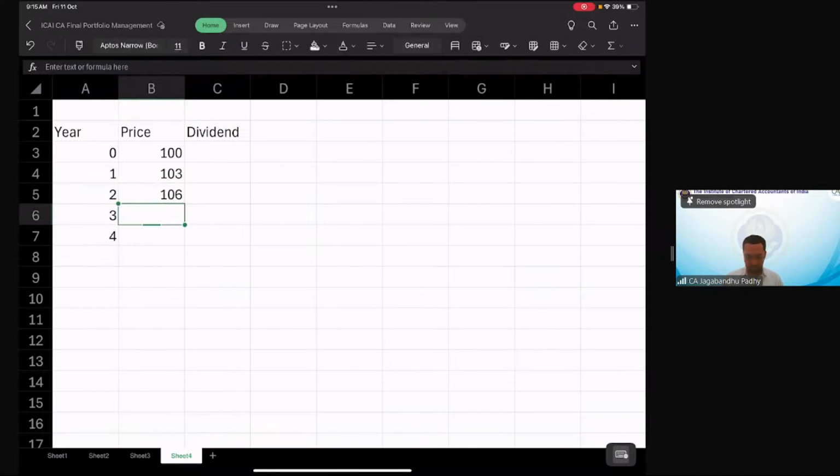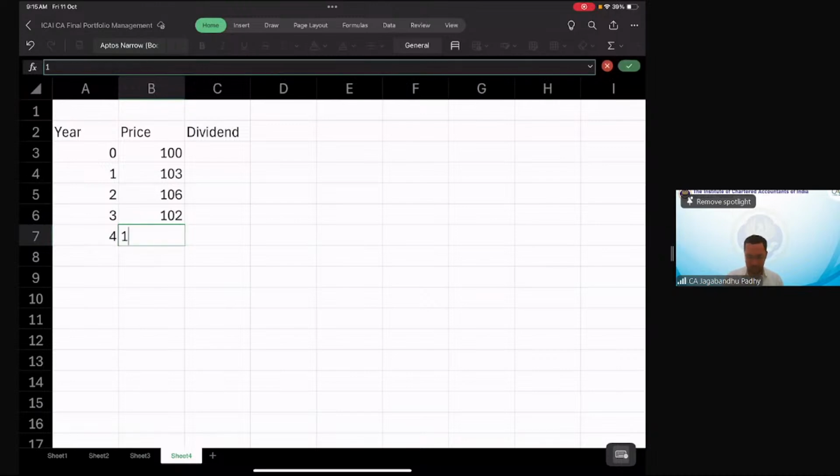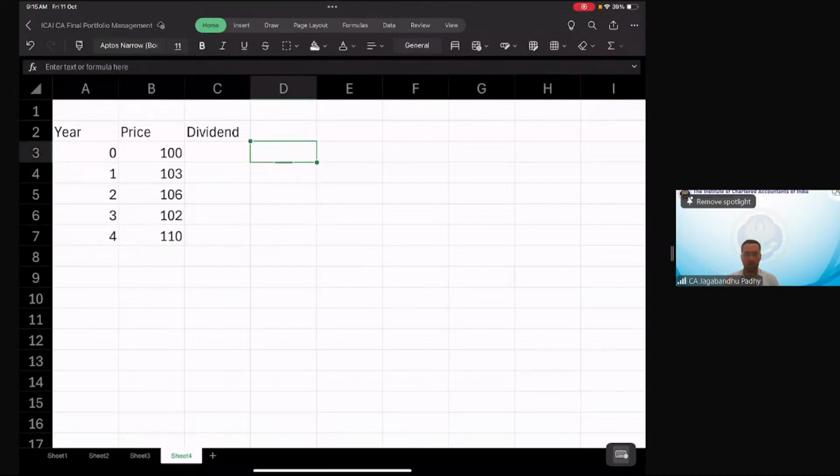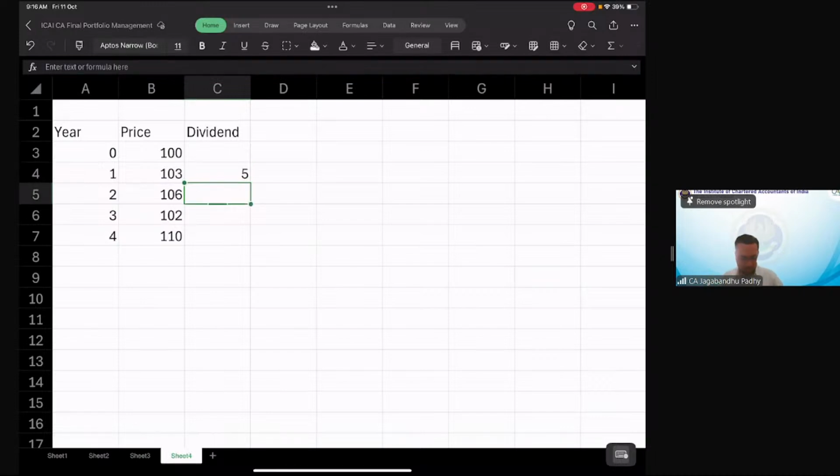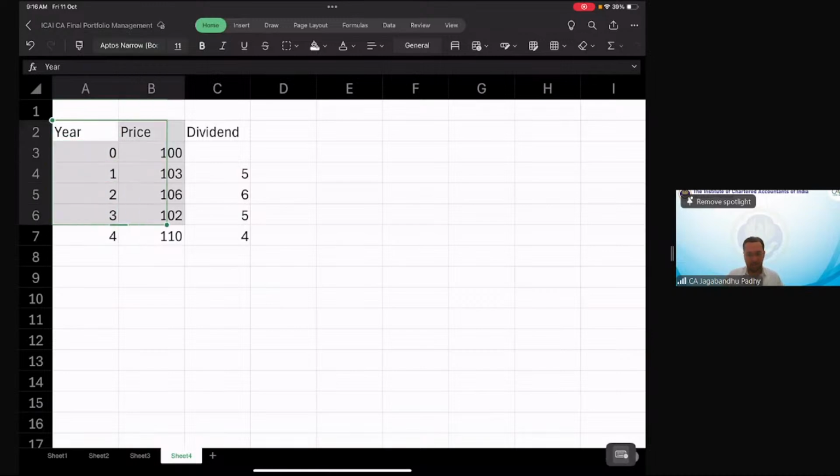Third year, 102. And then the price has risen to 110. Now from the dividend point of view, in the first year, let's say the company has paid a dividend of 5 rupees. In the second year, a dividend of 6. Third year, again 5, and the fourth year a dividend of 4 rupees. So these are the amounts of dividend that we have.